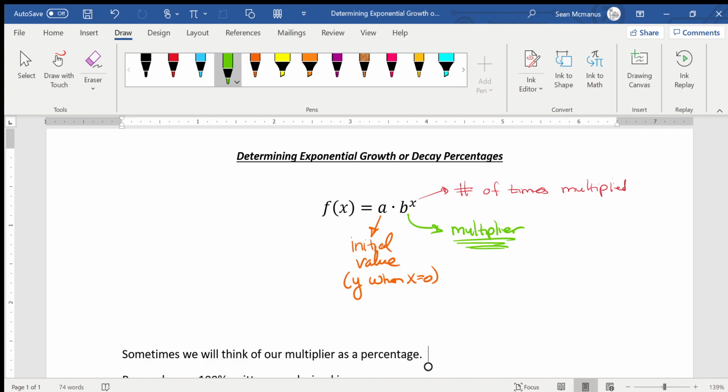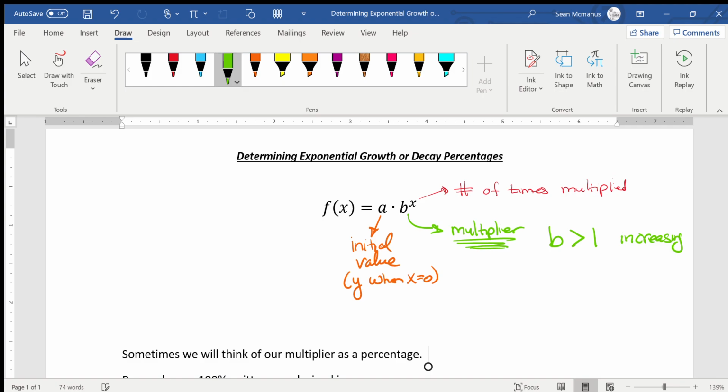But if we multiply by something larger than 1, our result gets bigger. If we multiply by less than 1, it's going to get smaller. If I take 7 and multiply by a half, it's going to be 3.5, less than 7. So when we think of our multiplier, one thing we want to take with us from today is if b, the multiplier, that number right there, is bigger than 1, that means it's increasing.